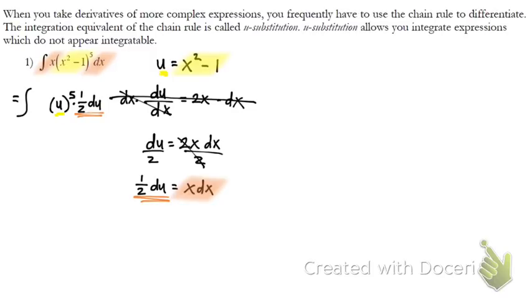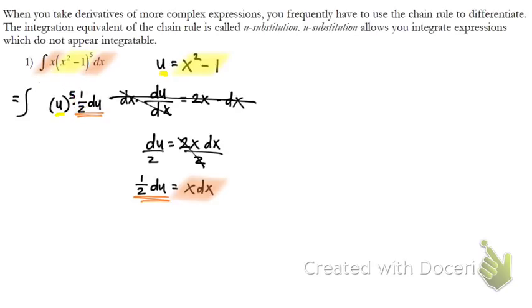So again, the x dx that I had in my original equation is right here. I am substituting that for what it's equal to, 1/2 du, because I want to have everything in terms of u's. So here you see 1/2 du is taking the place of these two orange highlighted pieces, the x dx.